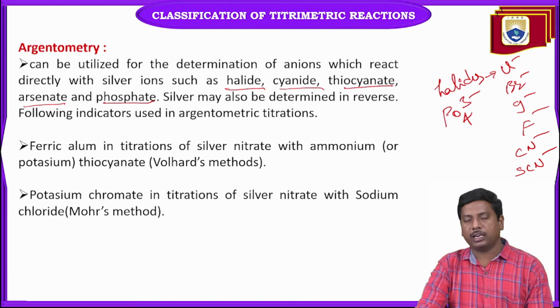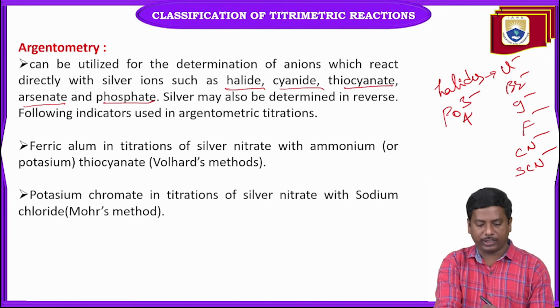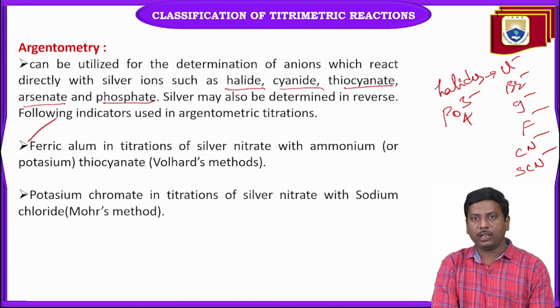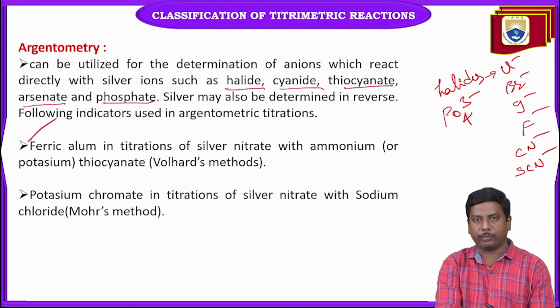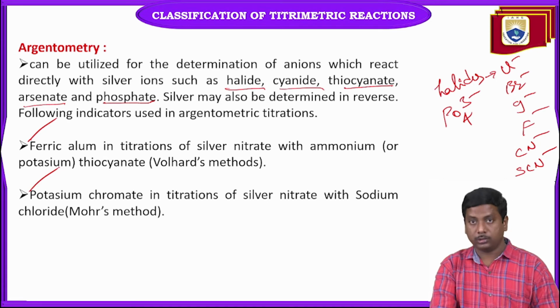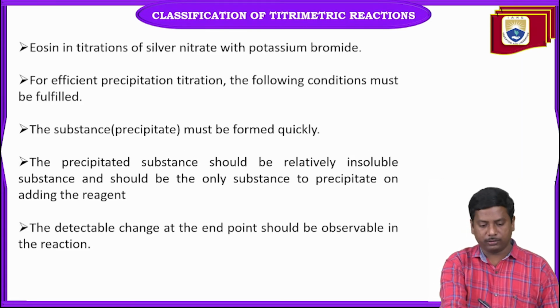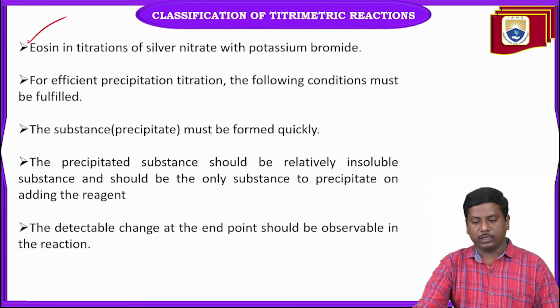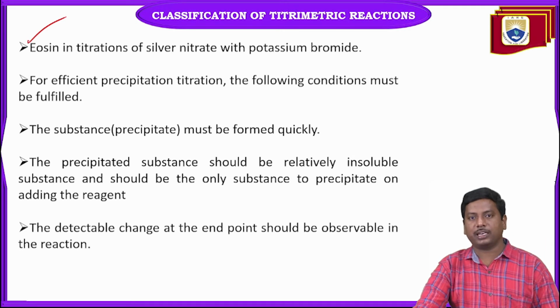There are many indicators in Argentometric reactions. The first is ferric alum, the second is potassium chromate, and the third is eosin. Depending upon the type of indicator, the name of the method is finalized.